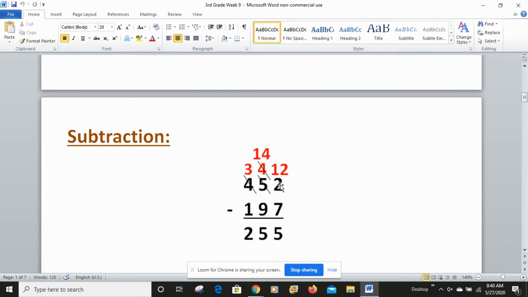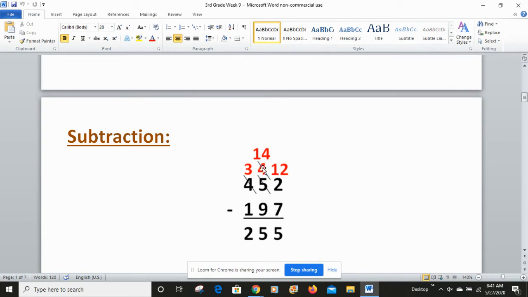But we know that if you have 2 things, you can't take 7 away, so that answer would be no. And when you say no, you go next door and ungroup. So I've taken one of my 10s away, leaves me 4 10s, and then I bring that 10 over to the ones column, which gives me 12. Now I can subtract 12 minus 7, and that's 5.